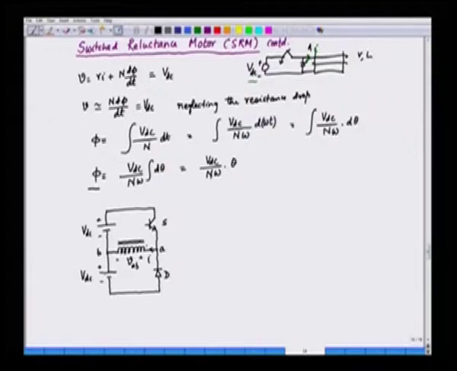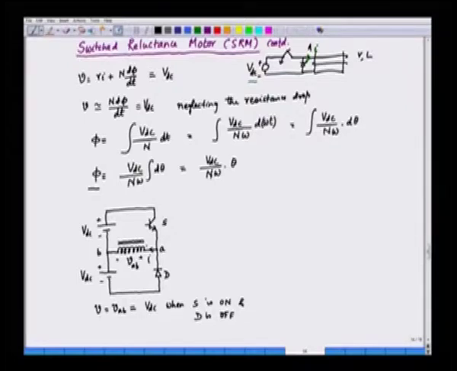So, we say that V is equal to VAB, the applied voltage is plus VDC when S is on and D is off. So, naturally when S is on, the diode is reverse biased and hence the diode is off. So, the voltage across AB, the applied voltage, is VDC.